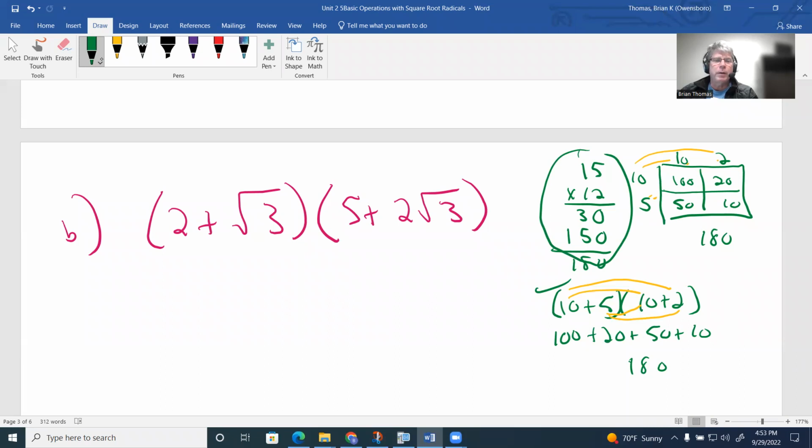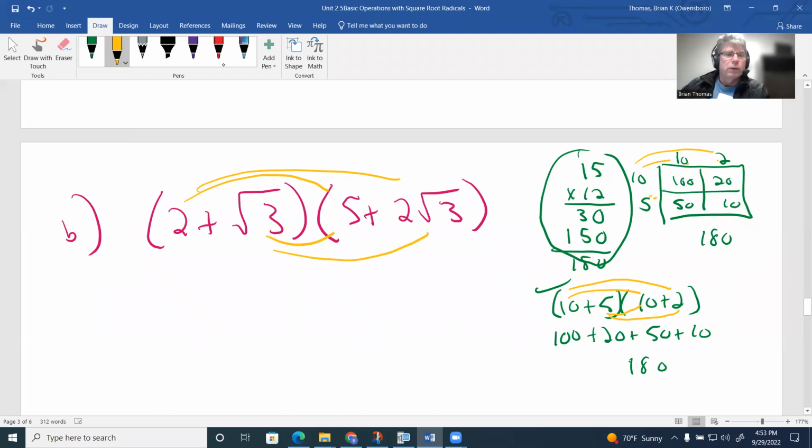So when I work this problem out, we're going to multiply the 2 through each piece, and then we're going to multiply the 3 through each piece. So in math, this is called FOIL, F-O-I-L. When you multiply the 2 to the 5, those are considered the first terms.